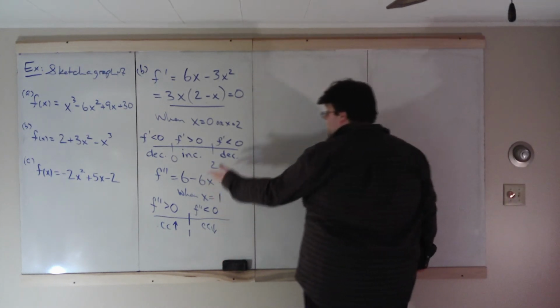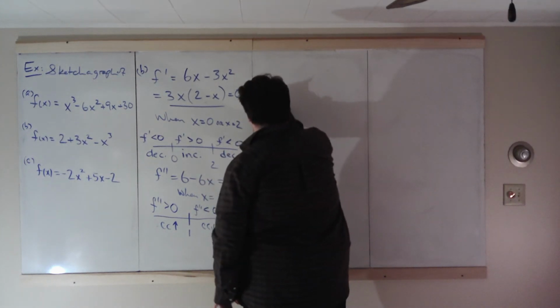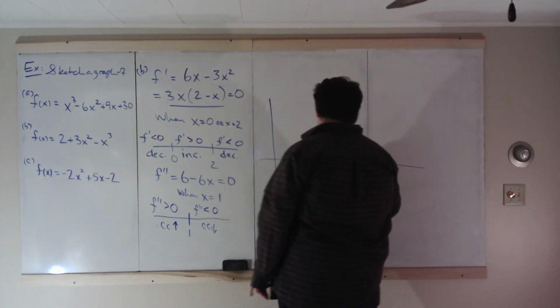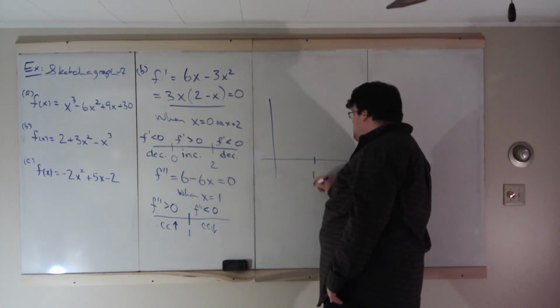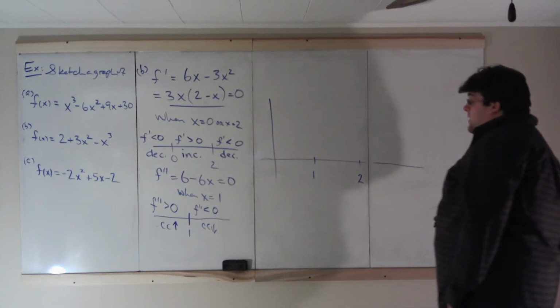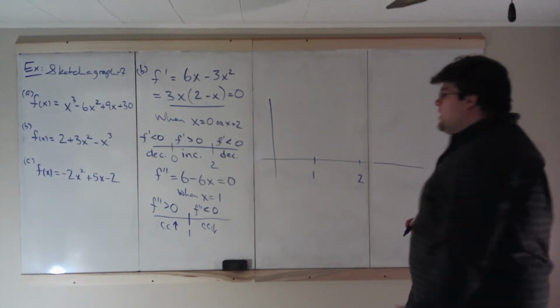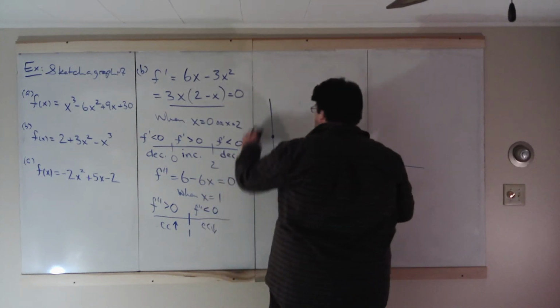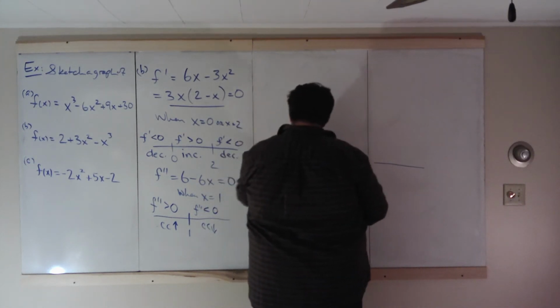So here our relevant values are 0, 1, and 2. So I'll mark off 0, 1, and 2. 0 is already marked off for us. And again, I'm going to find the y-intercept first. I'm going to move my y-axis over a little.